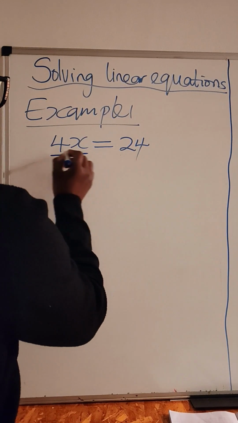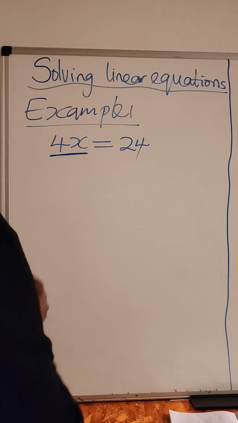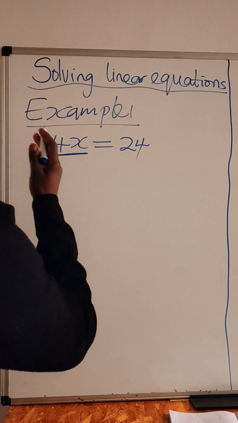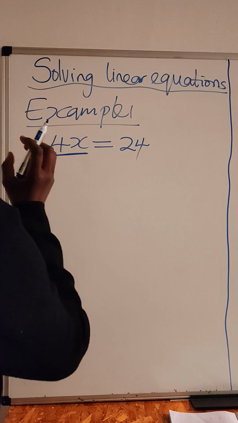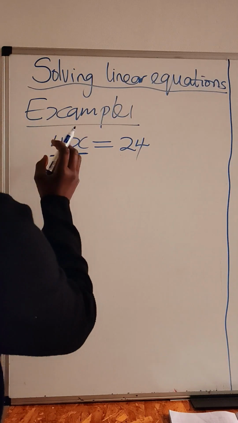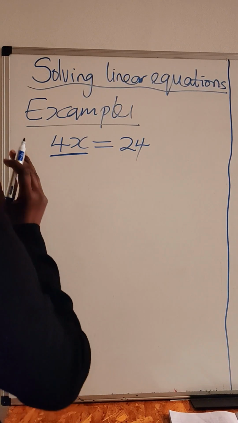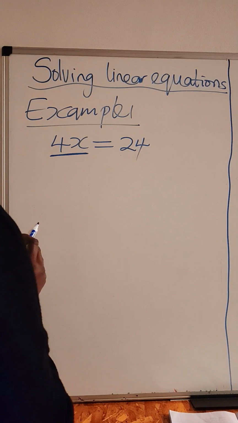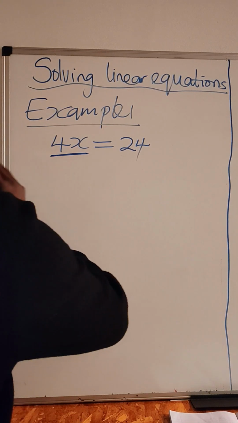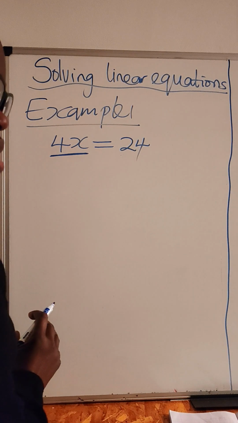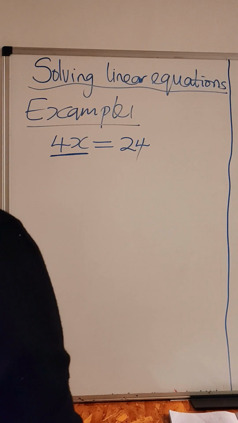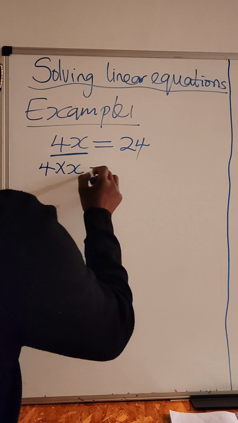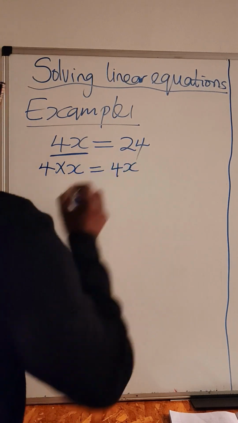Our focus is on the unknown, and the number with the unknown is 4. Looking at the relationship between the unknown and the number, it is a multiplicative relationship. That is, 4 multiplied by x gives 4x.